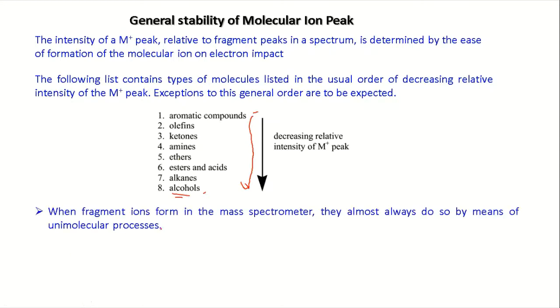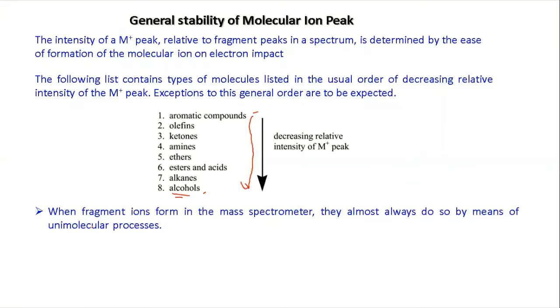When fragment ions form in the mass spectrum, they almost always do so by means of a unimolecular process. We find that the fragmentation takes place due to a unimolecular process, meaning a single molecule.